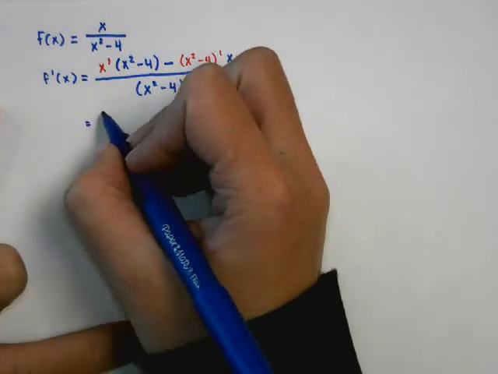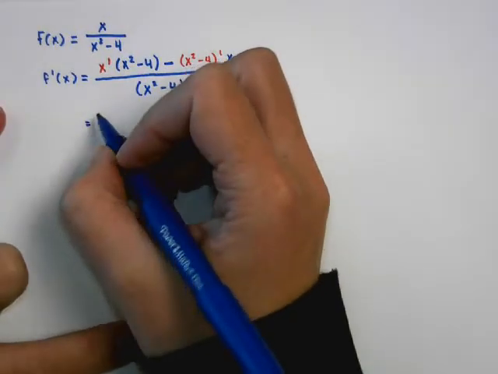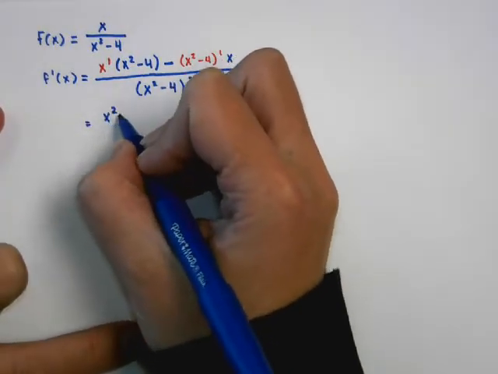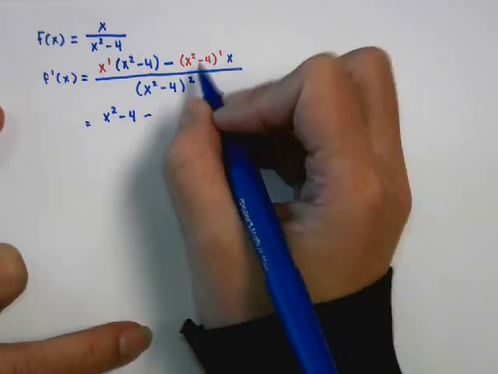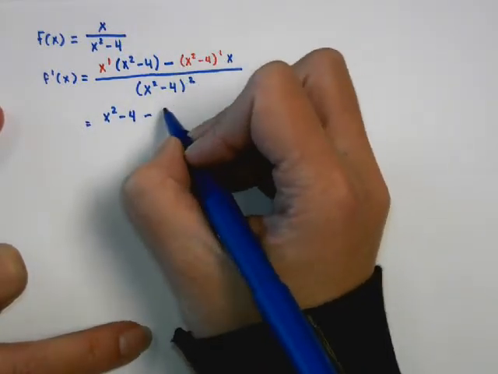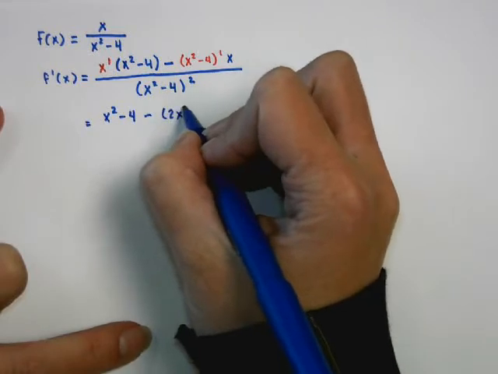So x prime is 1, so we have x squared minus 4 minus the derivative of x squared minus 4, which is 2x, times x.